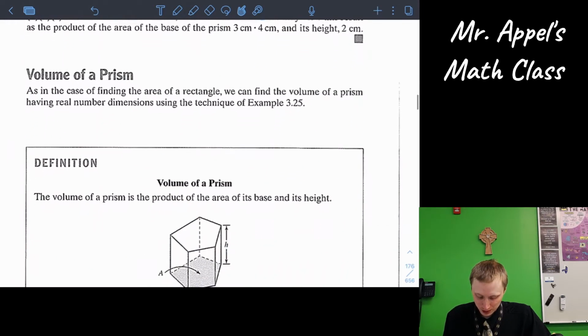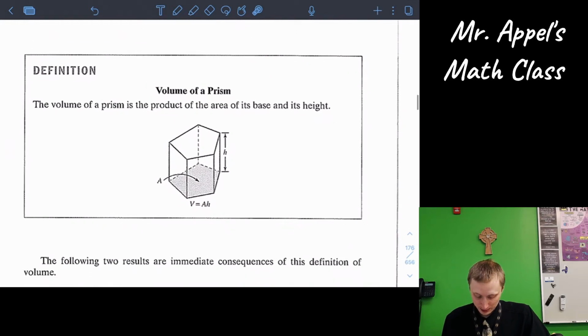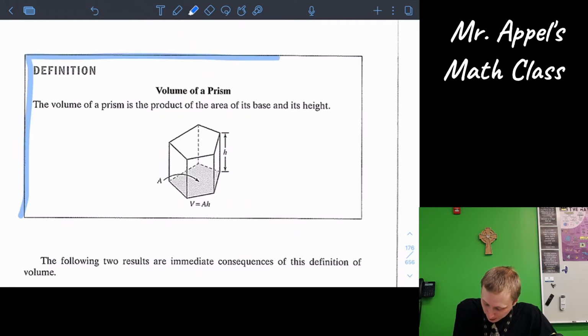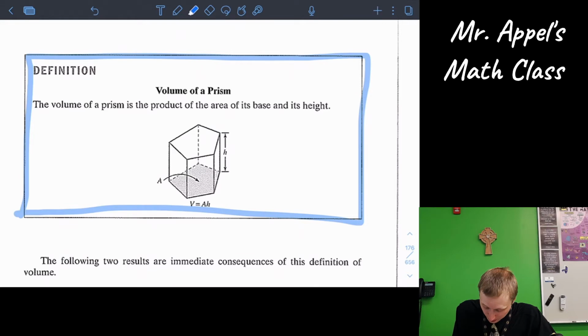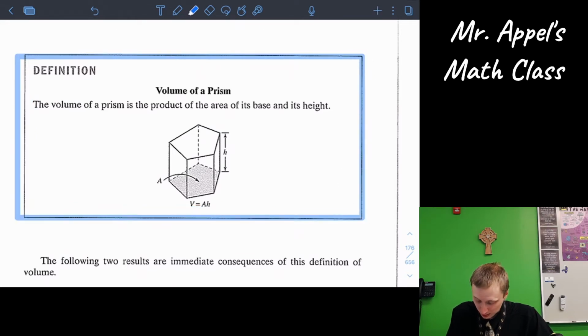So, what is the volume of a prism in general? As in the case of finding the area of a rectangle, we can find the volume of a prism having real number dimensions using the technique from example 325. And that gives us this definition here. The volume of a prism is the product of the area of its base and its height.